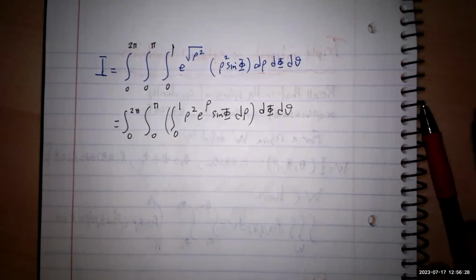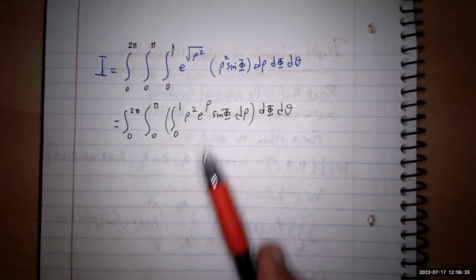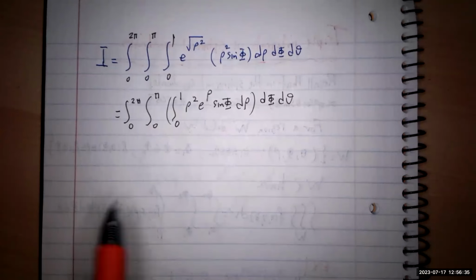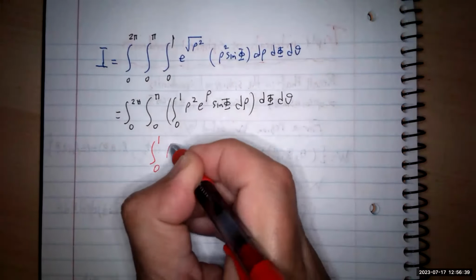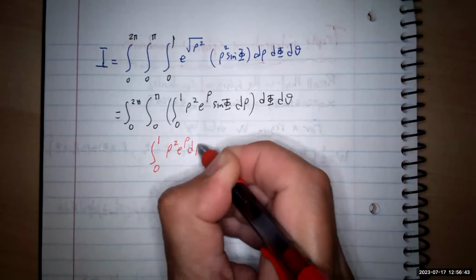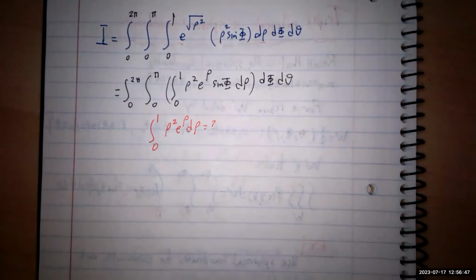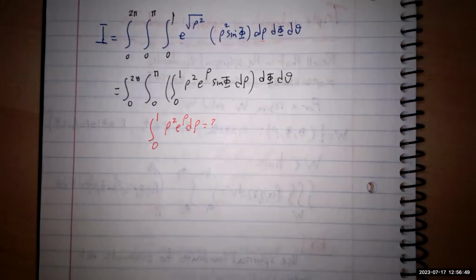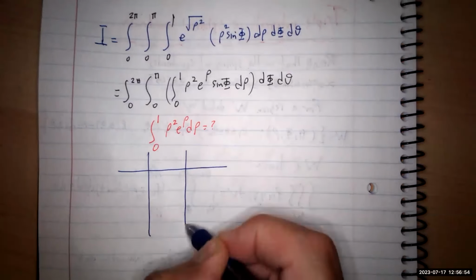So what we have to do is find this integral first. You can forget about the sine. I'm going to pull it out and integrate, because it takes time, 0 to 1, rho squared, e to the rho, d rho. You know that you have to use integration by parts, and you better use the table format that we talked about, the shortcut.